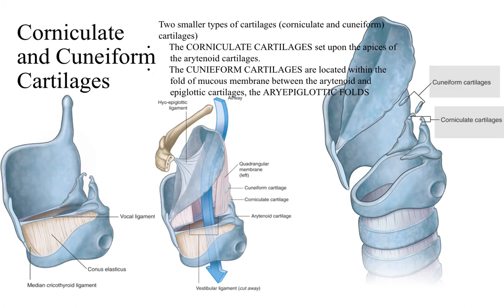The last two cartilage pairs are called the cuneiform cartilages and the corniculate cartilages. All right, the corniculate cartilages sit on the apex of the arytenoid cartilages, and again, they're a paired structure. And the cuneiform cartilages here look like they're just suspended in midair, but here you can see that they are embedded within a fold of mucous membrane between the epiglottis and the arytenoid cartilages.